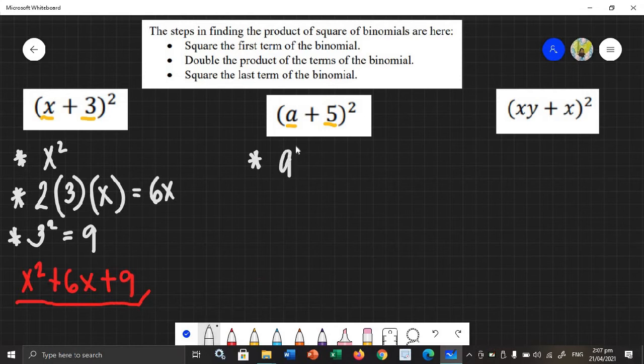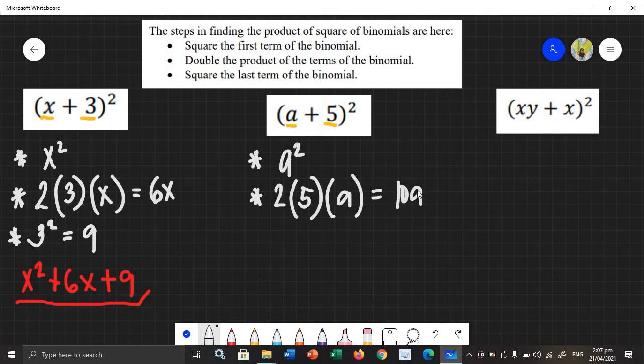So a squared yung answer sa unang step. Sa second step, we need to copy the sign of the given square of binomial. So positive yung middle term, and then double the product of the terms. So 2 times 5 times a. Okay, and that will result to 10a, which is positive.